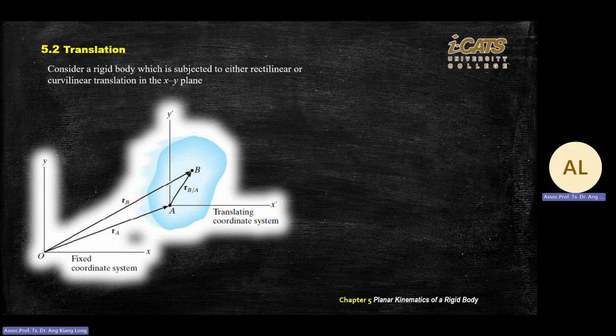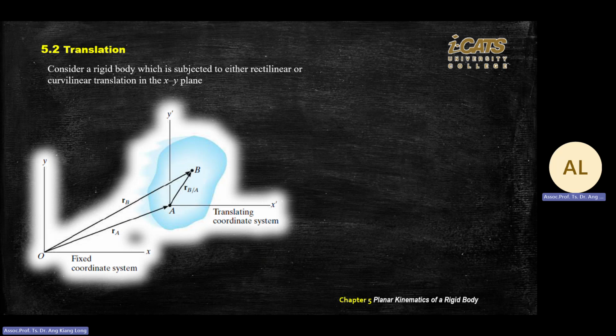Once you have the two axes, we always stick to the fixed coordinate system. We always start building the vector or the distance vector from the observing station, which is on the left here, the fixed coordinate system O. And then on the rotating or translating body, the question can fix any point on the body.